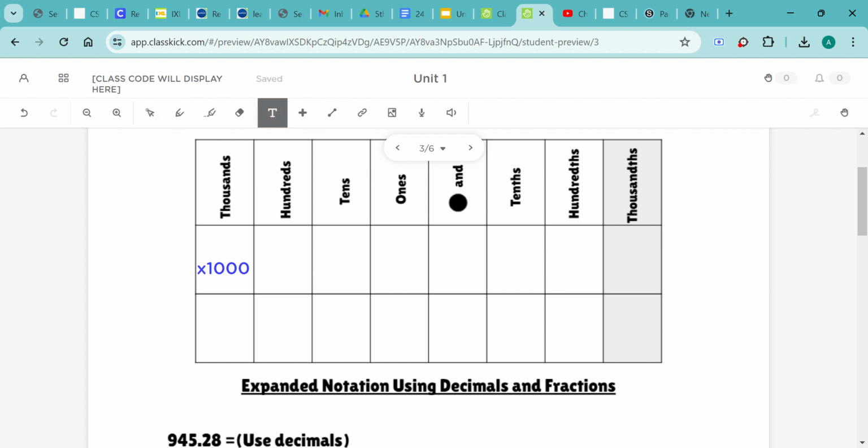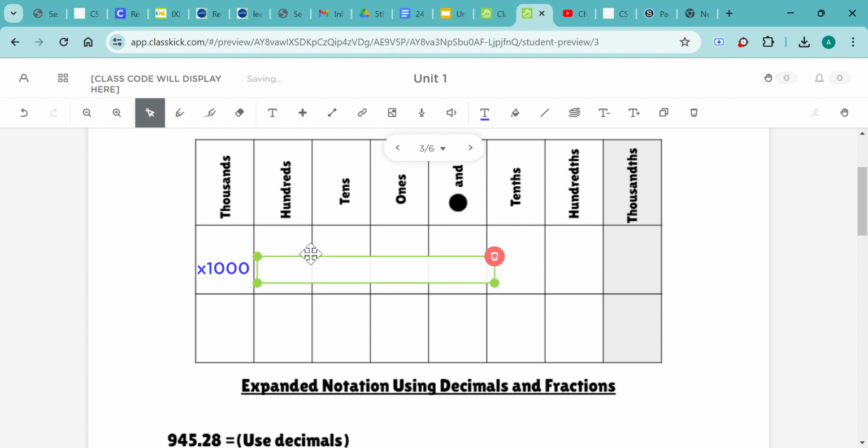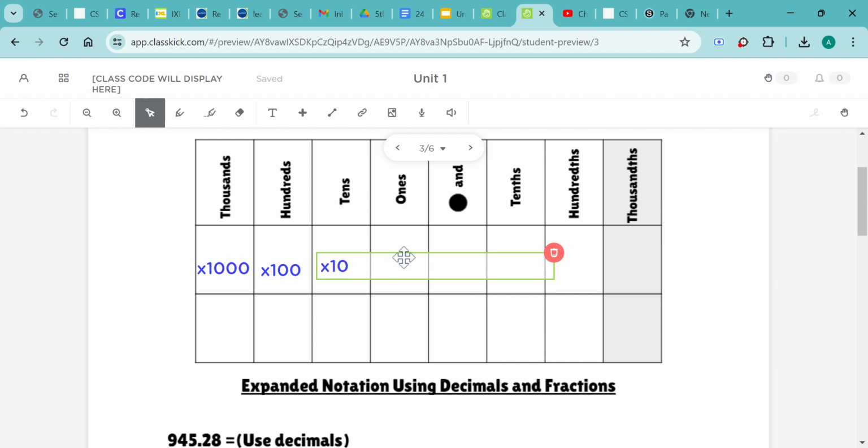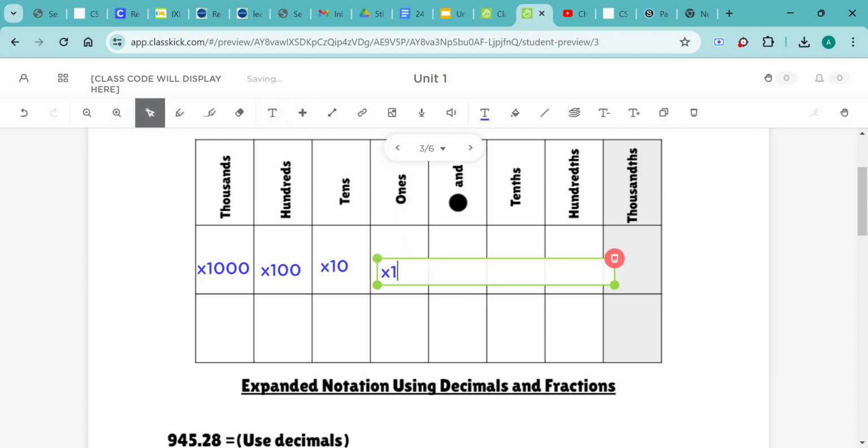So any number in the thousands place value is being multiplied by 1,000. What if I have a number in the hundreds place? I'm multiplying that number times 100. If I have a digit in the tens place, I'm multiplying it times 10. If I have a number in the ones place, I'm multiplying it times 1.